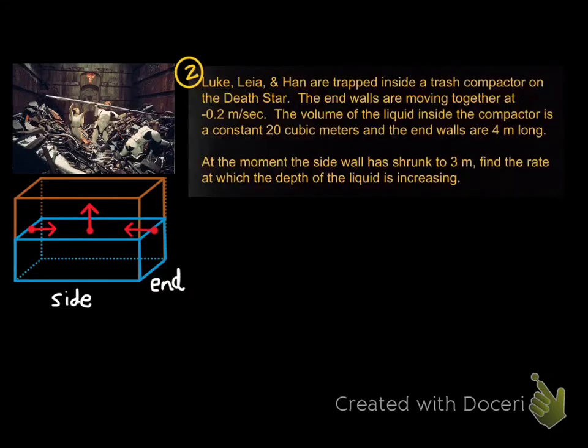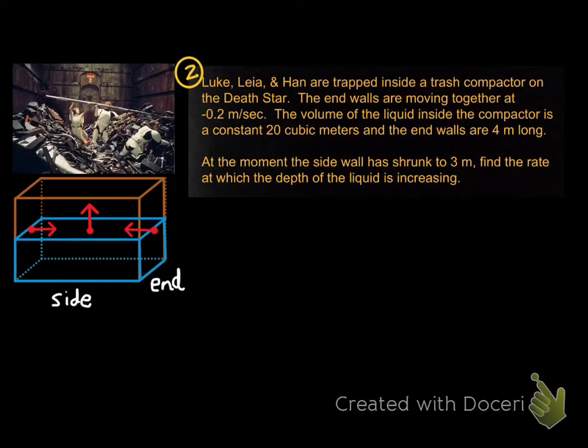So here's the word problem. It says, Luke, Leia, and Han are trapped inside a trash compactor on the Death Star. The end walls are moving together at negative 0.2 meters per second. The volume of the liquid inside the compactor is a constant 20 cubic meters, and the end walls are 4 meters long.